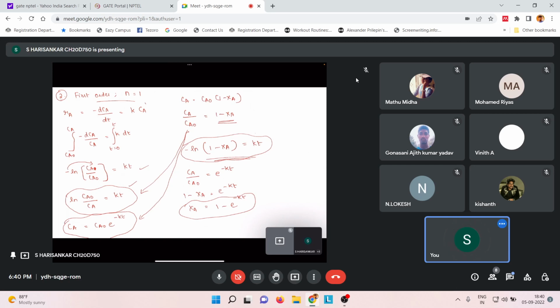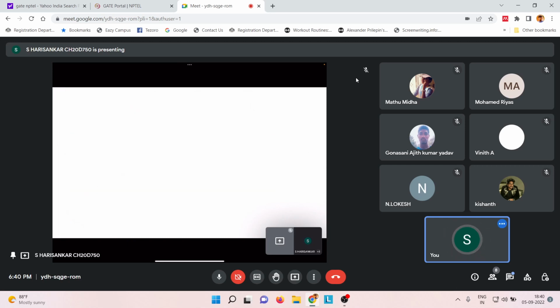Okay. So yeah, this is for the first order. And if you want to go into multiple orders, or like let's say the second order. So here n is equal to 2. Same thing again, minus Ra is equal to minus dCA by dt is equal to k Ca square.